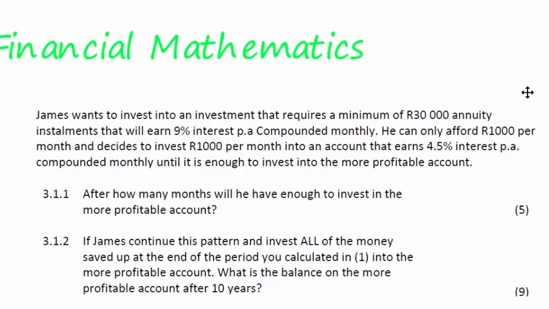You can only afford 1,000 Rand per month and decides to invest 1,000 Rand per month into an account that earns 4.5% interest per annum compounded monthly until it's enough to invest into the more profitable account. After how many months will he have enough to invest into the more profitable account?